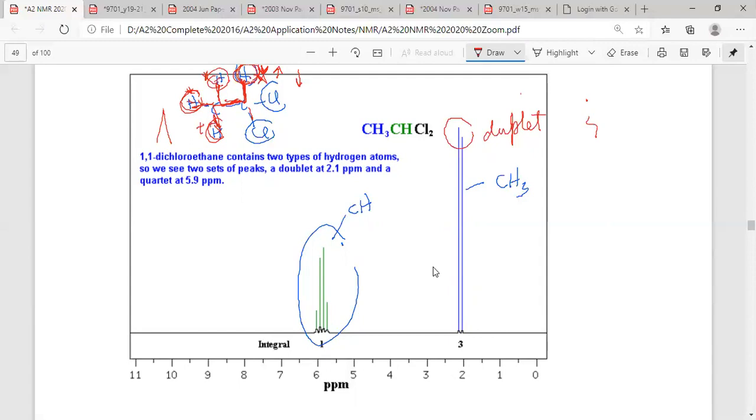So these 3 will split this into a quartet, 4 peaks. This is from the spin up and spin down combinations of the neighbors: spin up, spin up, spin down, and so on. Of course, that one is spin down, spin up, spin up. So this is how you can see it.